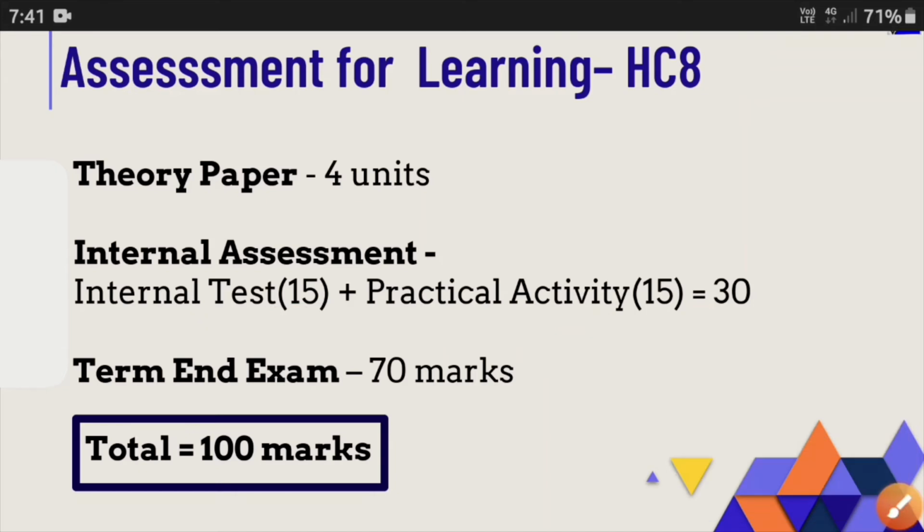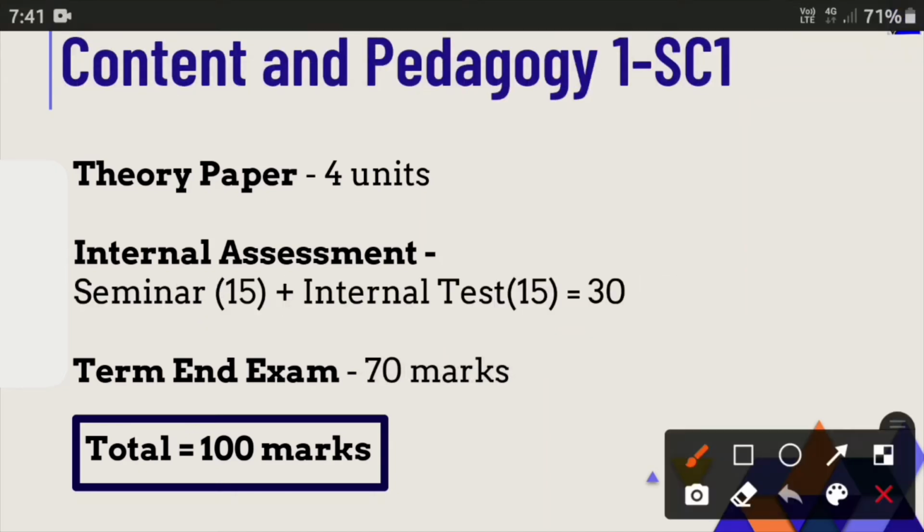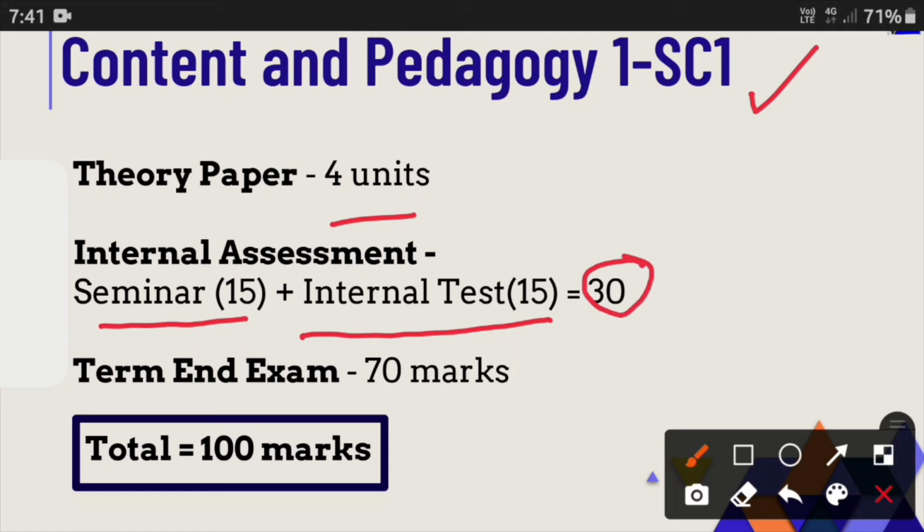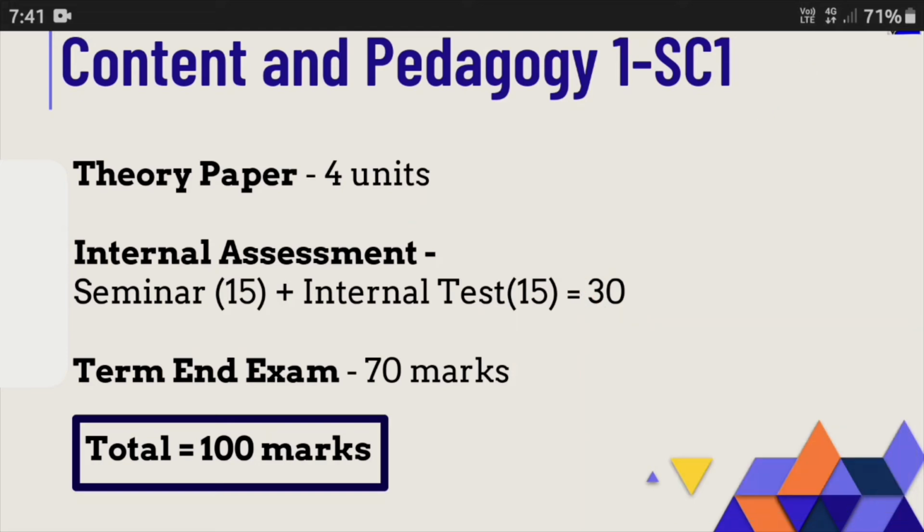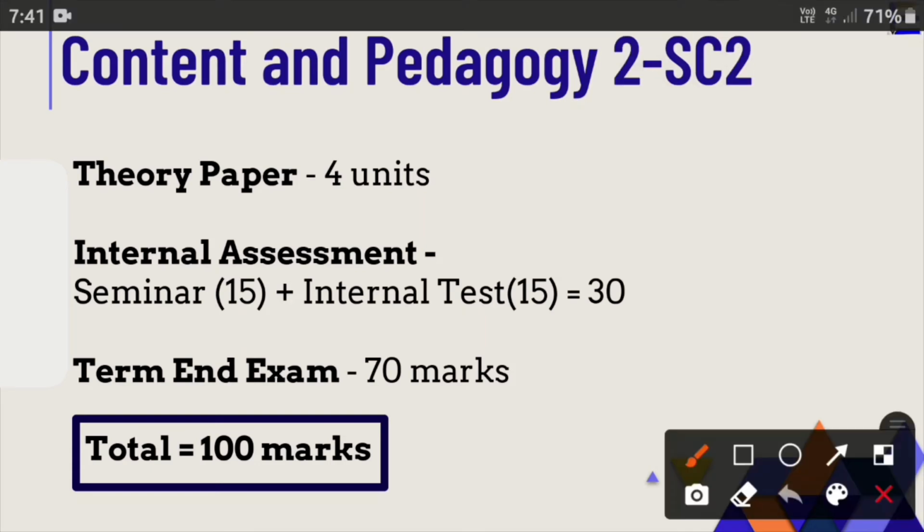Then you have Softcore Paper 1, where there are a total of 4 theory units, internal assessment of 30 marks and the split is 15 plus 15, where 15 marks stand for seminar and the other 15 stands for the internal test. At the end of the semester, you have the term-end examination of 70 marks, making a total of 100 marks. Similarly, you are assessed for 100 marks in Softcore Course 2, that is Content and Pedagogy 2.